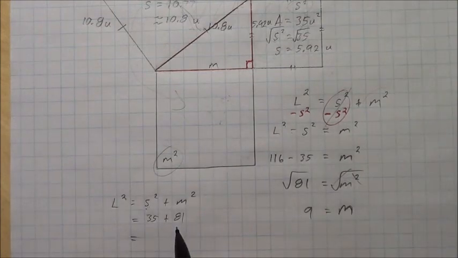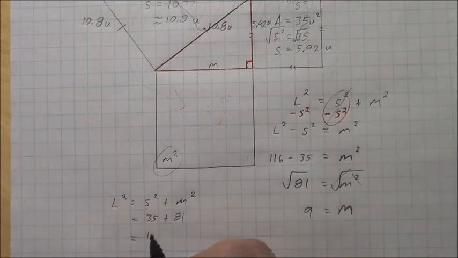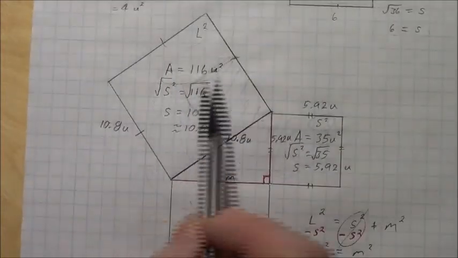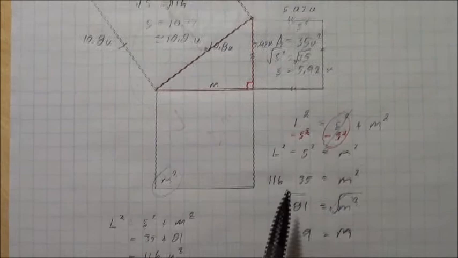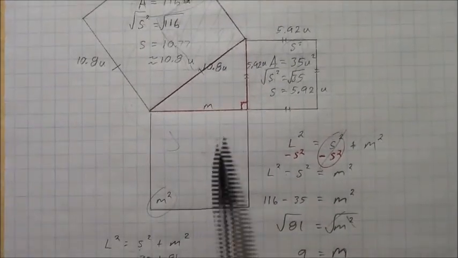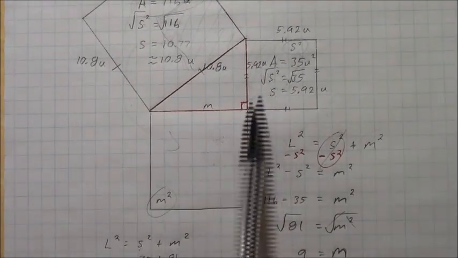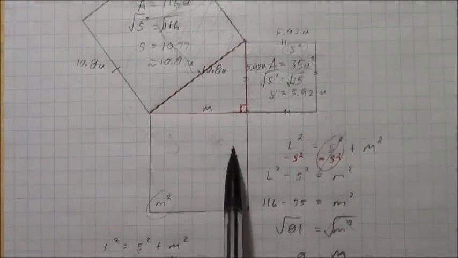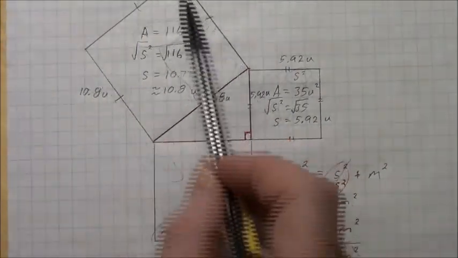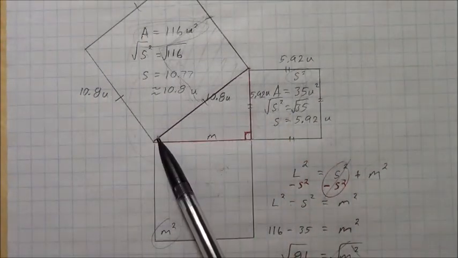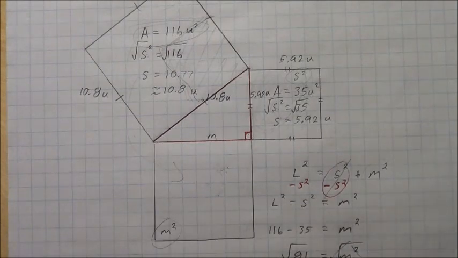When I add those together, I get 116 square units, which was the area to begin with of the larger square. So if the sum of the squares of the two legs of the right triangle add up to give you the area of the square of the hypotenuse, then you've done your work correctly.